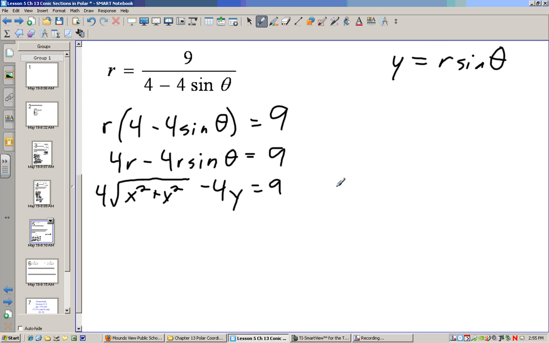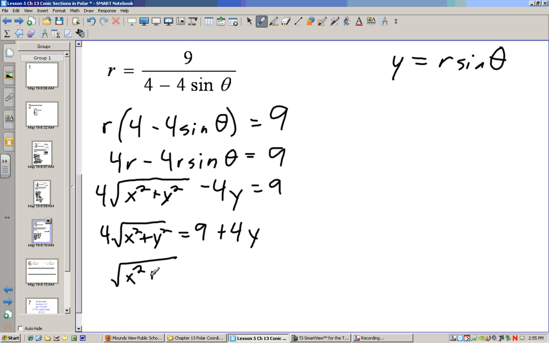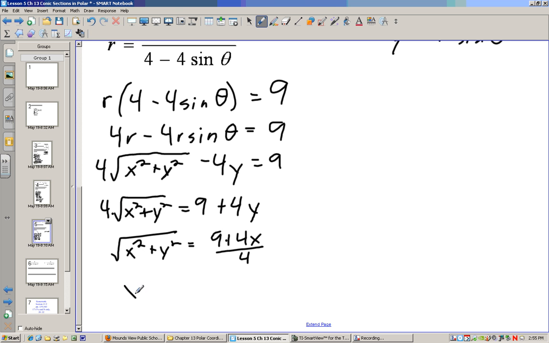So now we'll add 4y and divide by 4. We can do this one step at a time. No reason to hurry through this. x squared plus y squared equals 9 plus 4y. Divide by 4. Now square both sides.